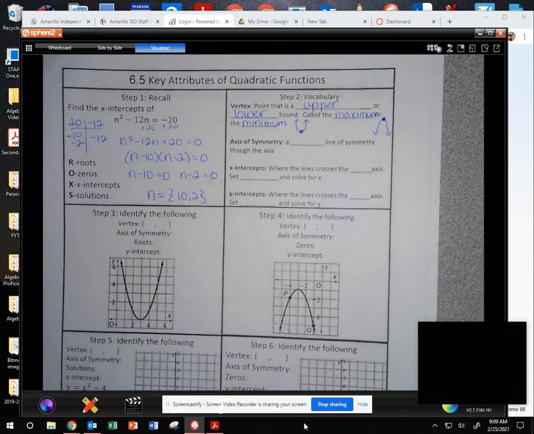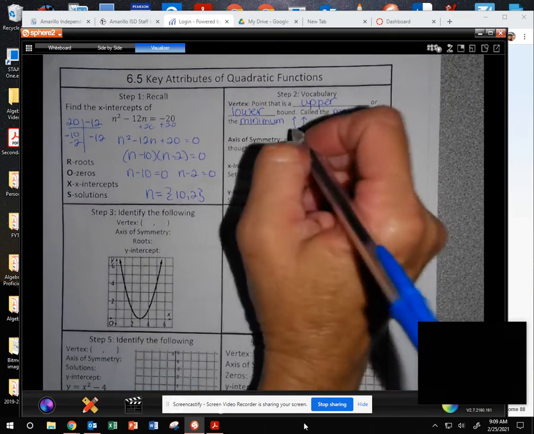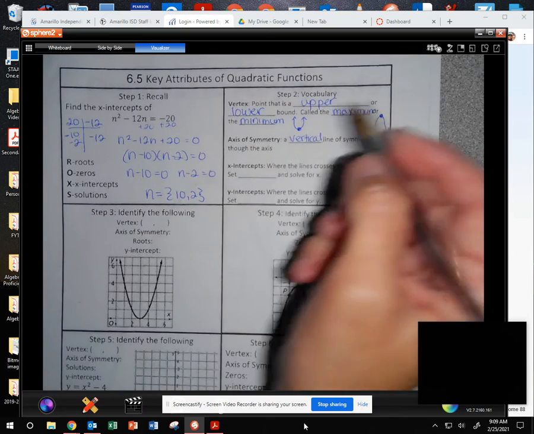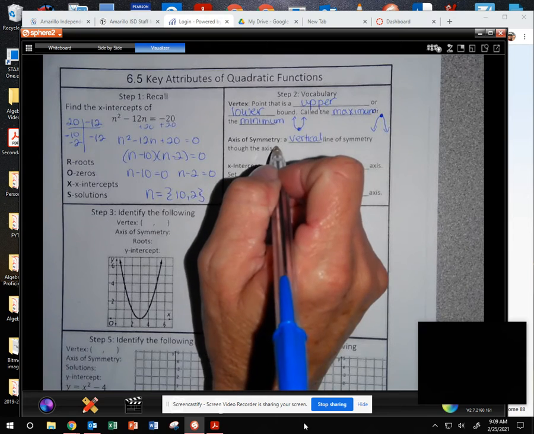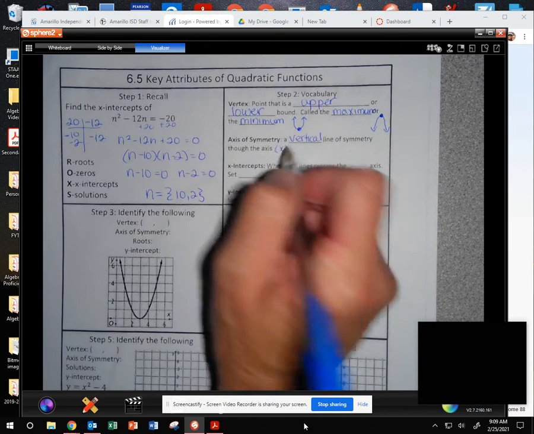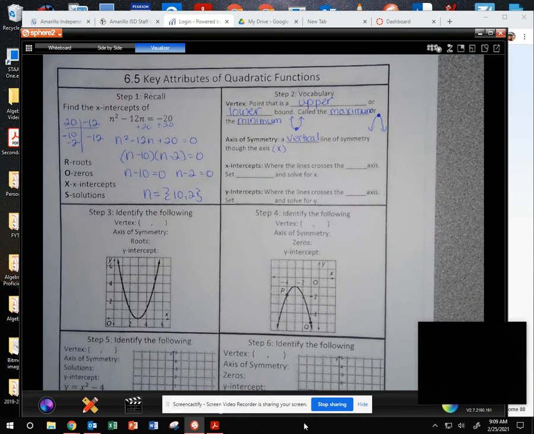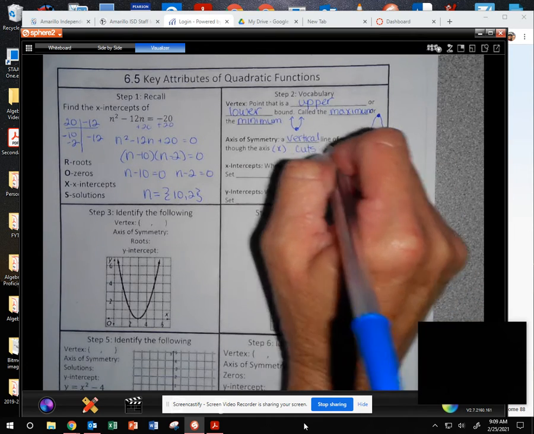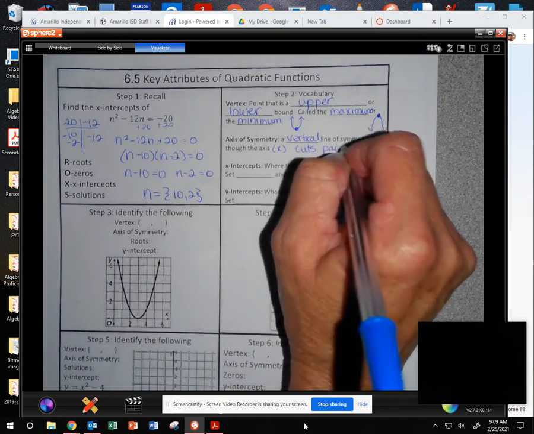My axis of symmetry is a vertical line that cuts the parabola in half.